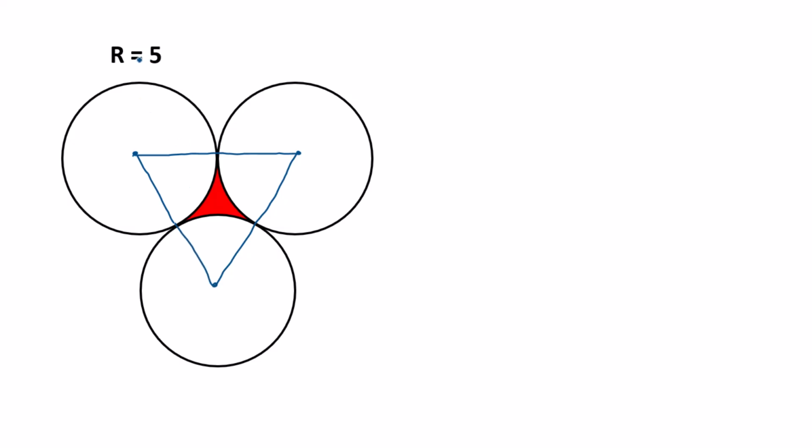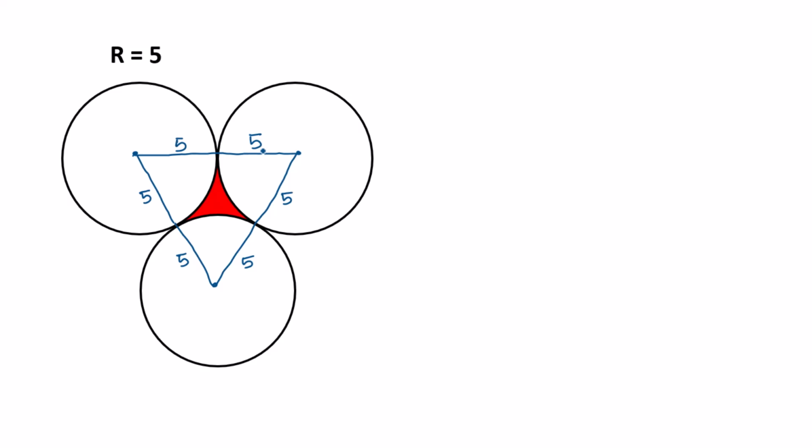As the radius of all circles is 5 units, this length is 5, and this is also 5. So the length of this side of the triangle is 5 plus 5, 10 units. Similarly, this is 5 and this is 5.